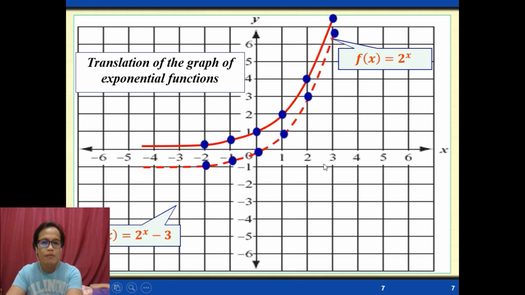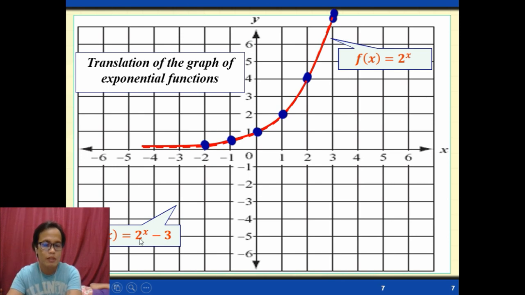The graph will move how many units? The graph will move 3 units downward. This is our original function, our reference function, f of x equals 2 raised to x.